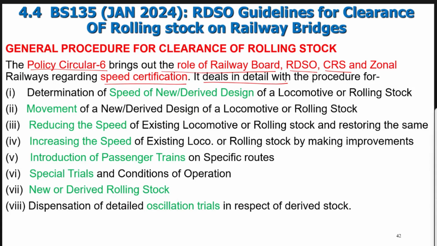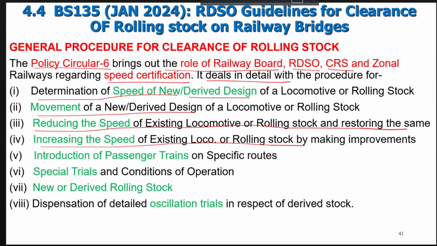It deals in detail with the procedure for determining speed of new or derived design of locomotive, movement of new derived locomotive, reducing the speed of existing locomotive or rolling stock and restoring the same, or increasing the speed of existing locomotive by making improvements, introduction of a passenger train on a specific route, speed trials and conditions of operation, new or derived locomotive stocks, and dispensation of detailed oscillation trials in respect of the derived stocks.